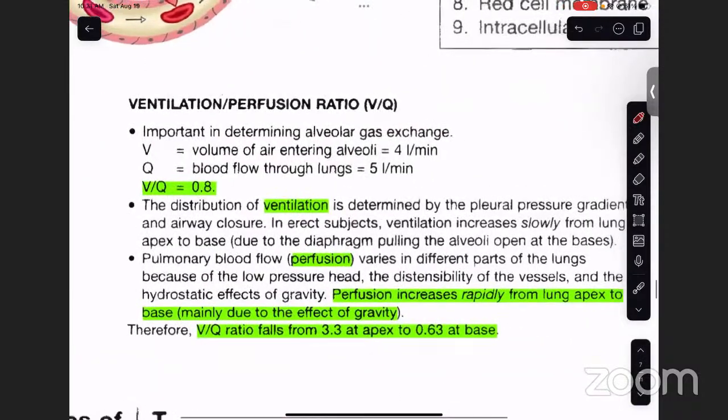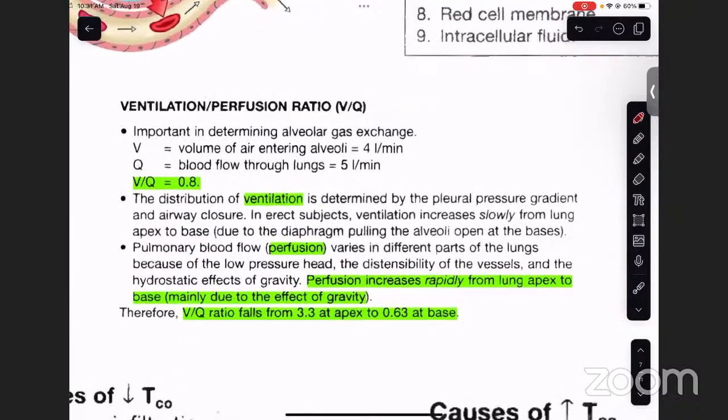And then we'll move on to the VQ ratio, ventilation perfusion ratio. Normally, 4 liters of air enter our alveoli within 1 minute, and 5 liters of blood flow to our pulmonary artery within 1 minute. So if we divide it, we get 0.8. That is our normal VQ ratio. Okay, the important thing is that VQ can be applied in pulmonary embolism.